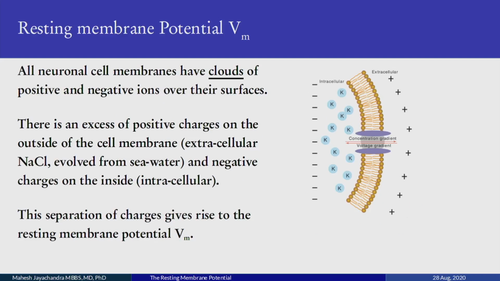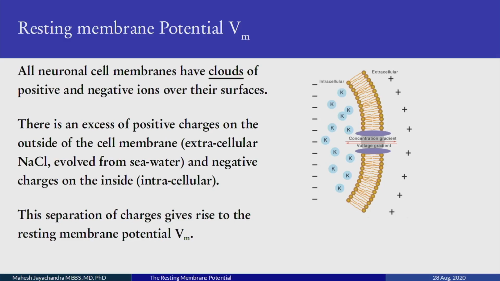So let us consider the resting membrane potential. It's also denoted as V subscript M. In greater detail, how does it originate? So all neuronal cells, in fact all excitable cells, have clouds of positive and negative ions over their surfaces.